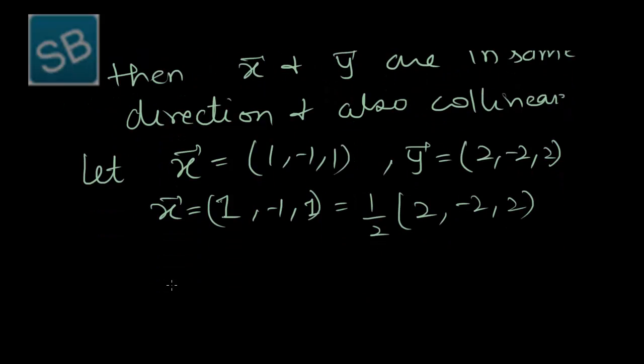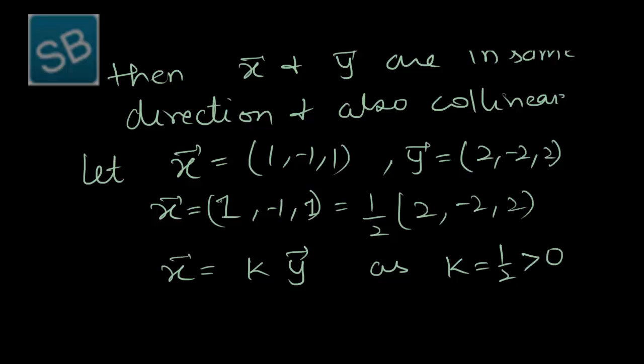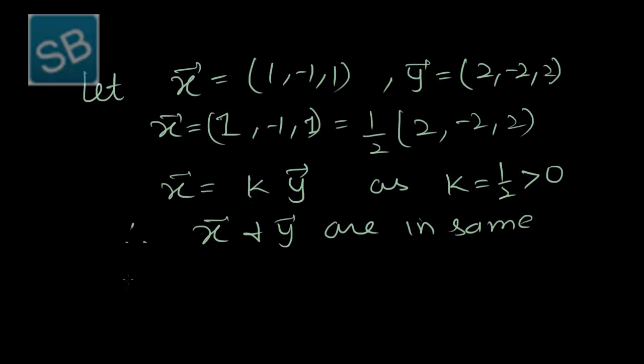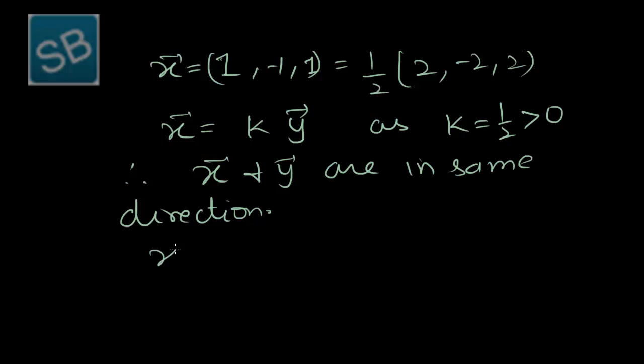That is, vector x is equal to k times vector y. As k is equal to half, greater than 0, therefore vectors x and y are in the same direction. And also we have to find the sum of vectors x plus y, that becomes 3, minus 3 and 3.